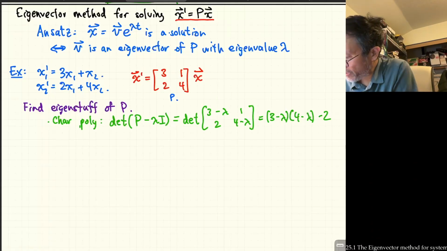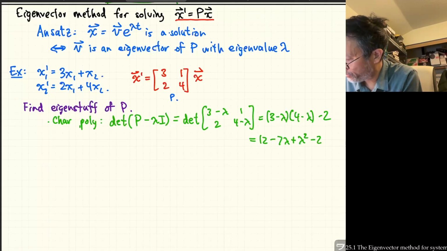If we expand this out, this ends up being 12 minus 7 lambda plus lambda squared minus 2, which if I write it in descending order as I like to do, I get lambda squared minus 7 lambda plus 10.